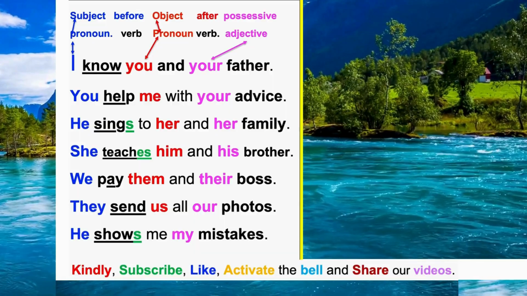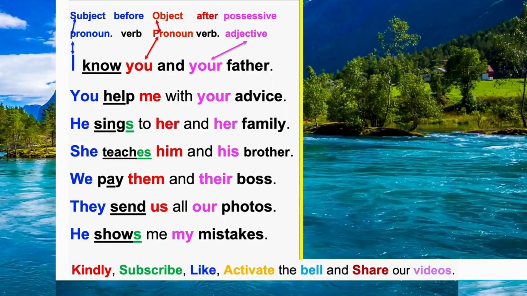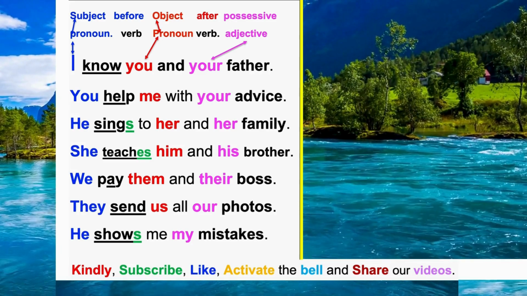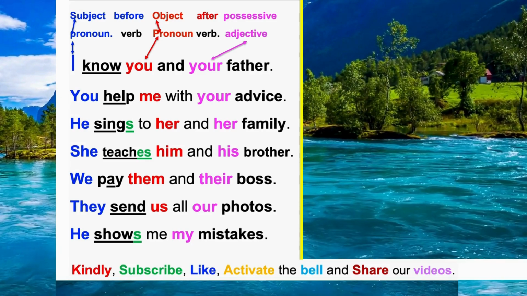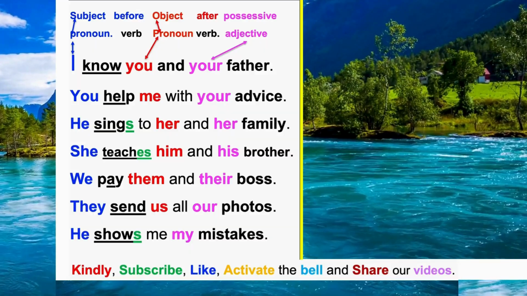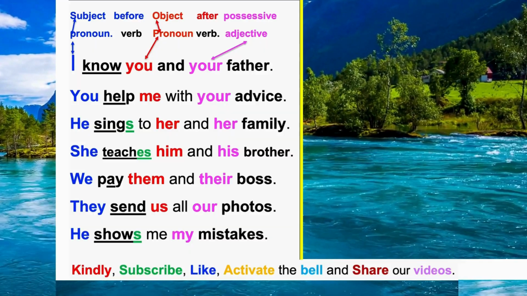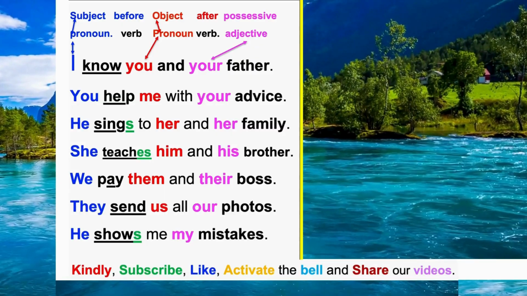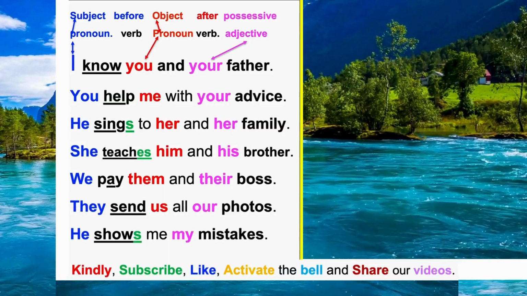Number 2. You help me with your advice. You is a subject pronoun. Why? Because it's before help. And me is an object pronoun. Why? Because it's after help, the verb. And we have with your advice. Your is a possessive adjective and advice is a noun.